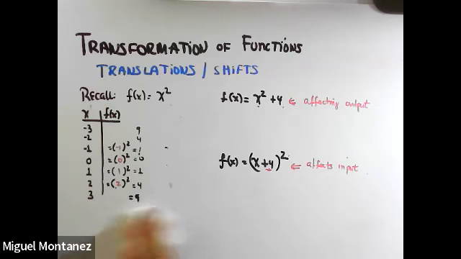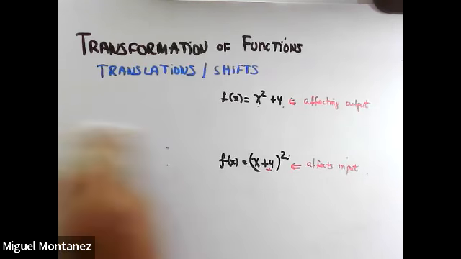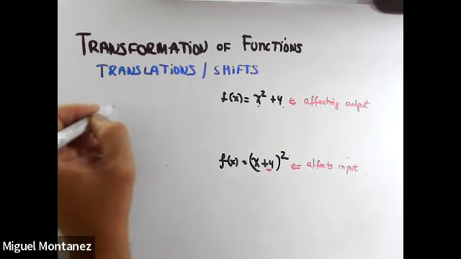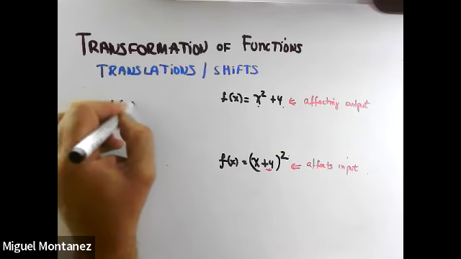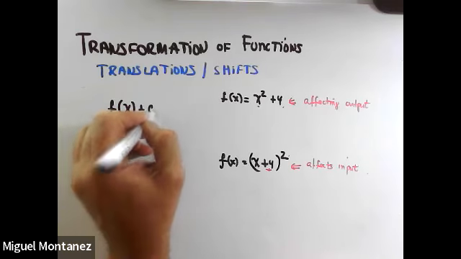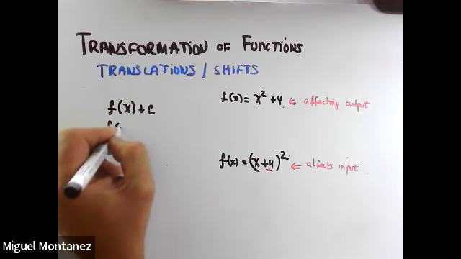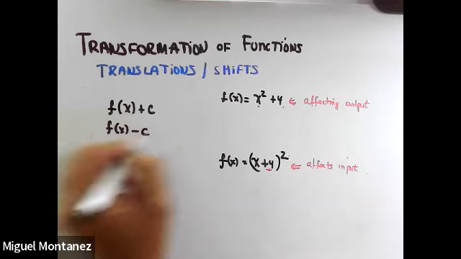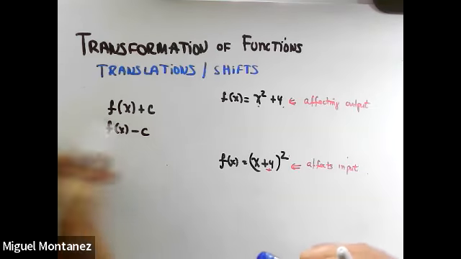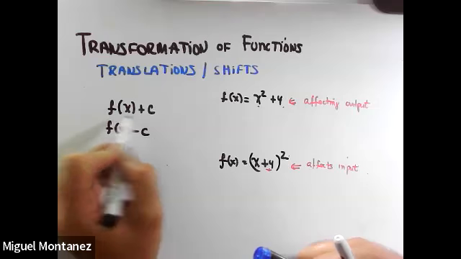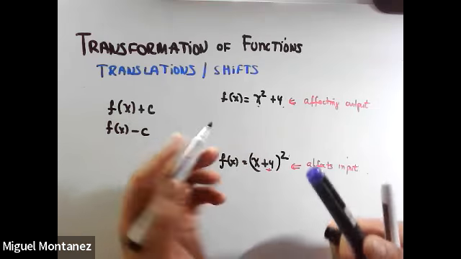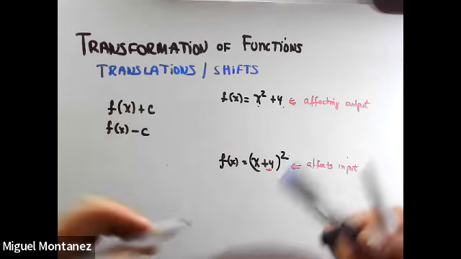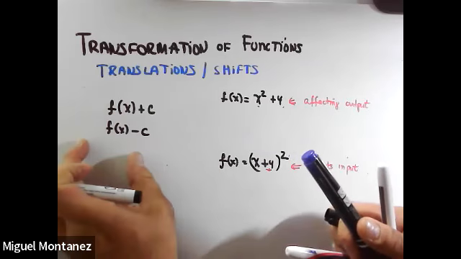Let me see if I can erase this now. So if I have f of x plus a number c, or f of x minus a number c, these two are affecting the output. I'm adding c after I do the function, in this case, the square. It could be the square root, it could be the cube root, whatever the function is.